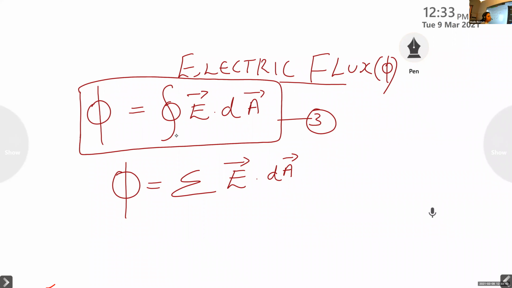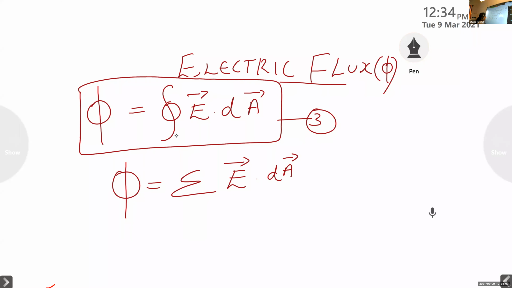Okay, then Lydia. It is the closed surface integral of the electric field vector and the area vector. Okay, very good. So the electric flux is the closed surface integral of electric field vector and area vector.